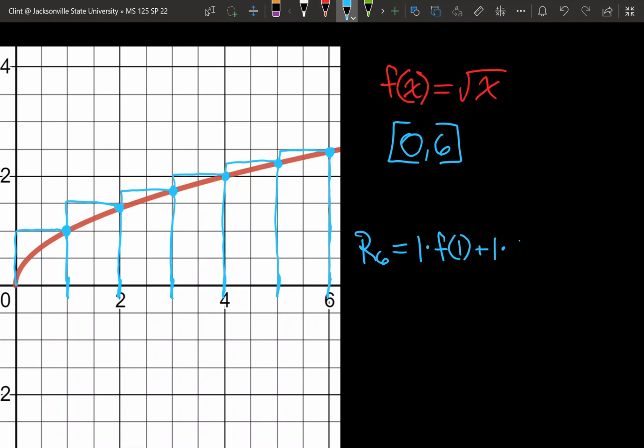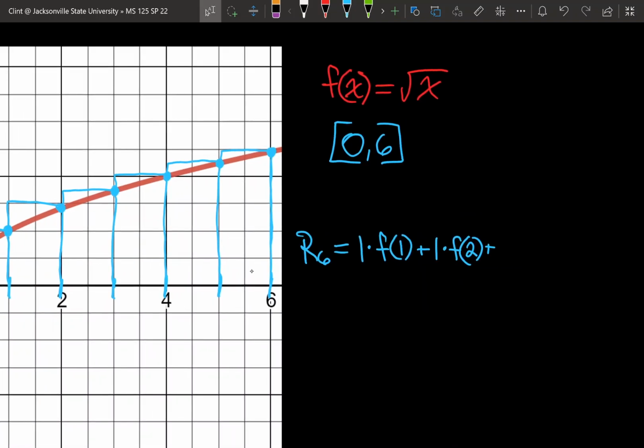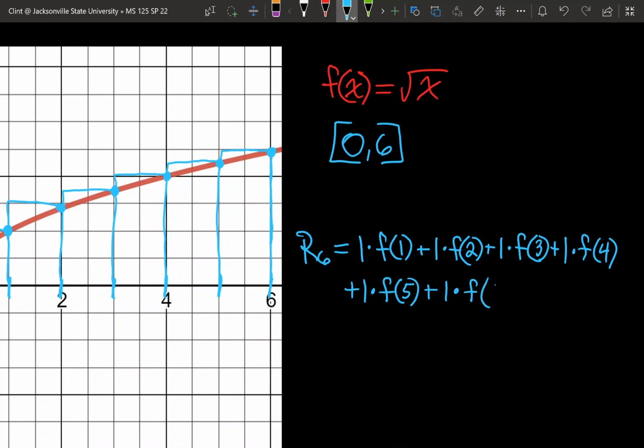F of 2, because it's f of our right endpoint. And then you can get the pattern here. It'll be 1 times f of 3 for the next one, 1 times f of 4 for the next one, 1 times f of 5 for the next one, and our last one is 1 times f of 6.